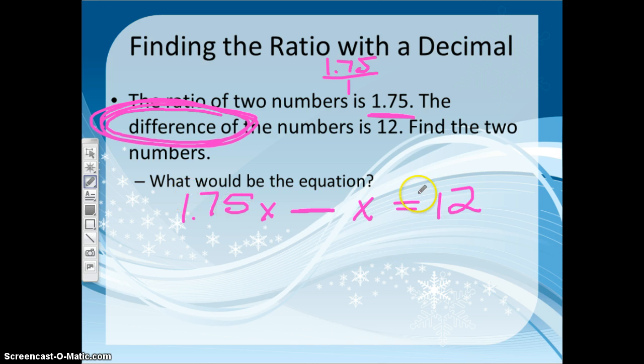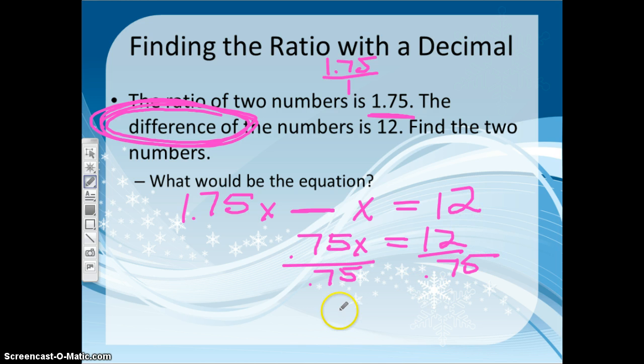Now we can solve. 1.75x minus an x gives us 0.75x. Divide both sides by 0.75. 12 divided by 0.75 is equal to 16.